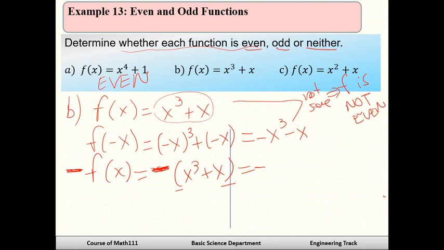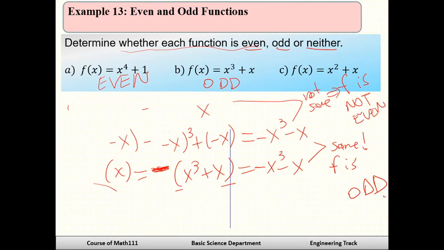It will be minus x cubed minus x. So are they same? Yes. So they're same, it means f is odd.